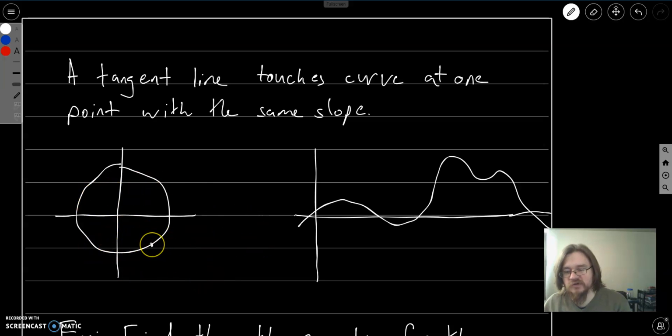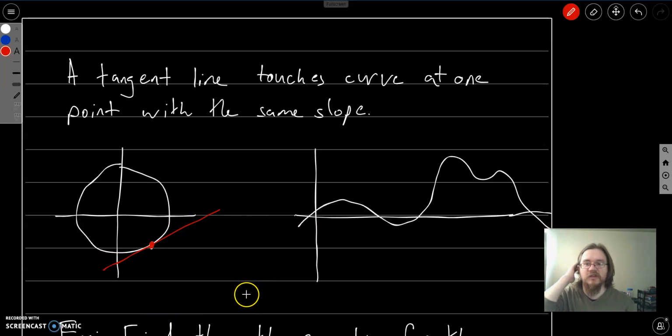For instance, if I chose this point right here, I could talk about the tangent line being a line, if I could draw straight, that does this. It touches exactly at that point, and it has the same slope as that point. I could draw lines that don't touch with exactly the same slope. So for instance, here we can see that the slope is kind of going up.